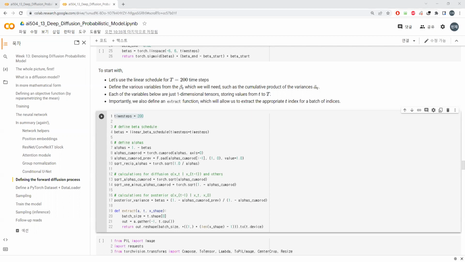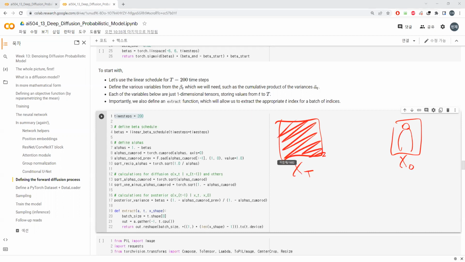For example, this is real image x0 and total isotropic Gaussian noise xt. This is total noise, and we split this trajectory with time step t. If you choose a small time step, like 4 or 5, the model has to go through this trajectory in 4 time steps.